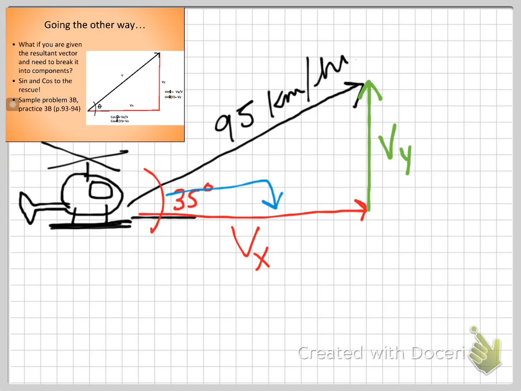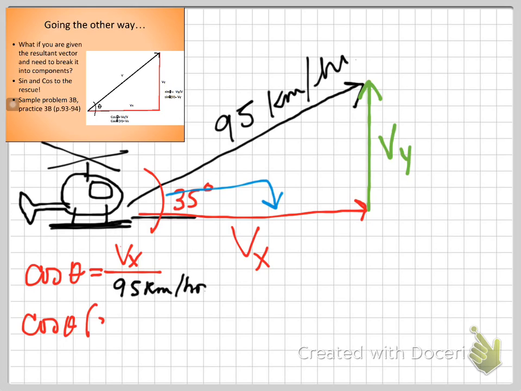So we're going to start off with cosine of theta is equal to adjacent, which is v sub x, over our hypotenuse, which is our 95 km per hour. It's easy to solve this one. Easy. Cosine theta times 95 km per hour equals v sub x. Let's get a raw number.